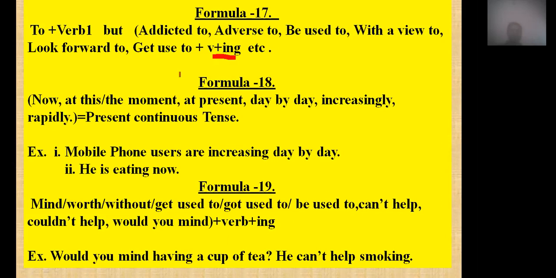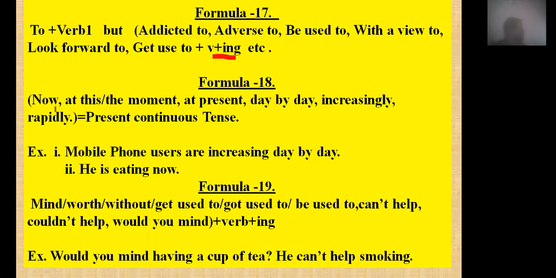Now formula 18. If you see in the example or in the given passage: now, at this moment, at the time, at the moment, at present, day by day, increasingly, rapidly, then the verb form will be ing, or present continuous tense. Okay, let's see the example. Mobile phone users are increasing day by day.